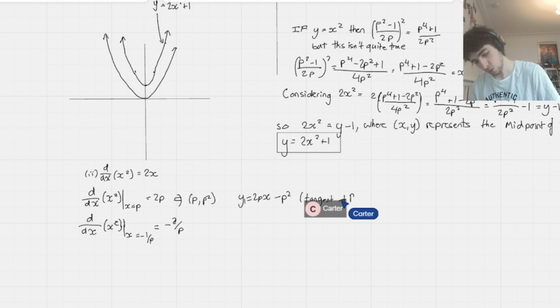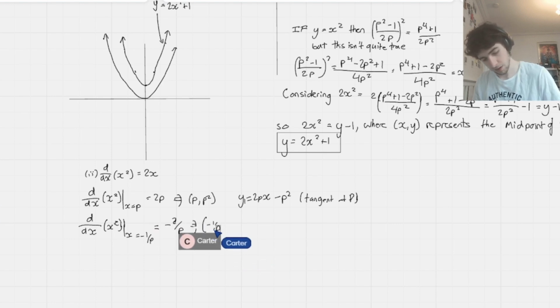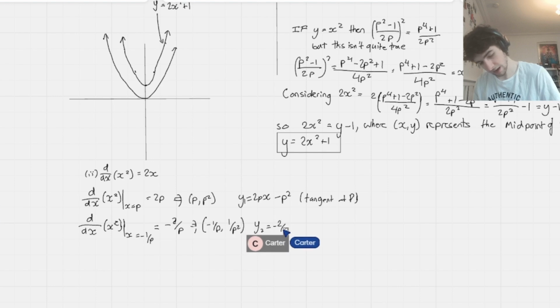If I want to find my tangent at q, I do a similar thing, except this has to pass through the point (minus 1 over p, 1 over p squared). So this time y2 is equal to minus 2 over p times x, minus 1 over p squared.